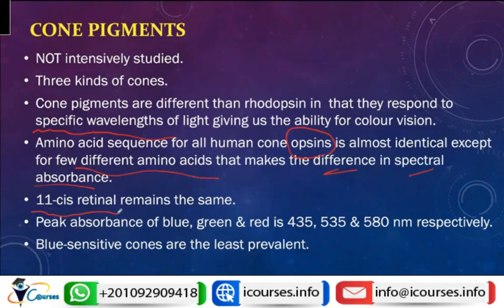The 11-cis-retinal, the form of vitamin A, will be the same, so the cone pigments differ from the rhodopsin by just these few amino acid sequences. They have different peak absorption for blue, red, and green. And we have to know from now that the blue-sensitive cones are the least prevalent. So the least amount of cones in the retina will be the blue cones, not the red and not the green.